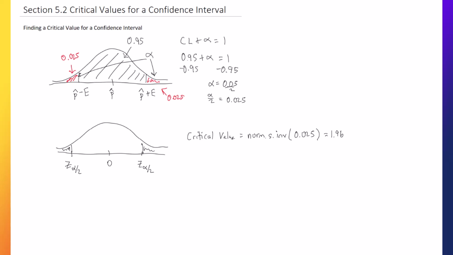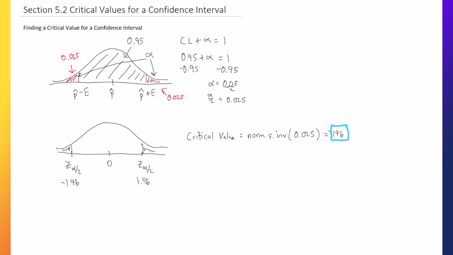And actually, because it's on the left-hand side, it gives us a value of negative 1.96. But we're just going to concern ourselves with the positive version, 1.96. Because of symmetry, over here this is negative 1.96, and this over here is 1.96. Now I could do normal standard inverse of 0.95 plus 0.025 and get that right hand side value, but it's not necessarily that useful that I do that.